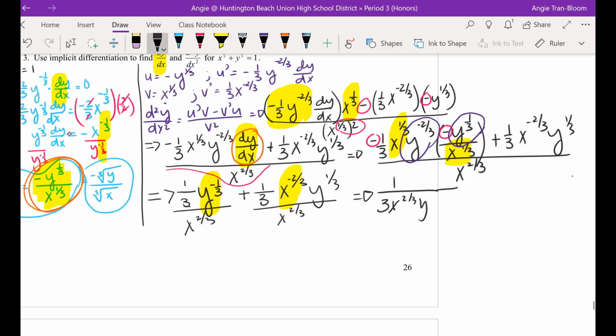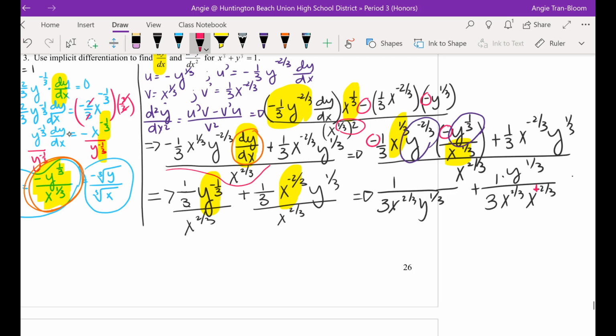I'm going to bring y to the bottom to make it positive, plus 1/, the 3's on the bottom, x to the 2/3 on the bottom, bring out the other negative to the 2/3, and then y to the 1/3 on the top. So that's what I now have. If I brought this on the bottom, can you make this a positive right here?